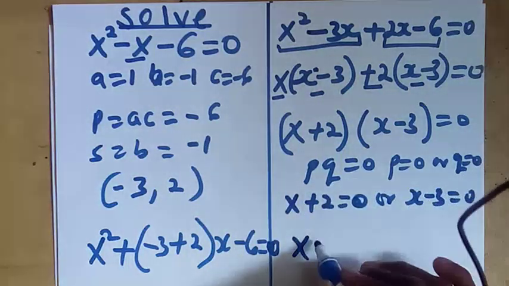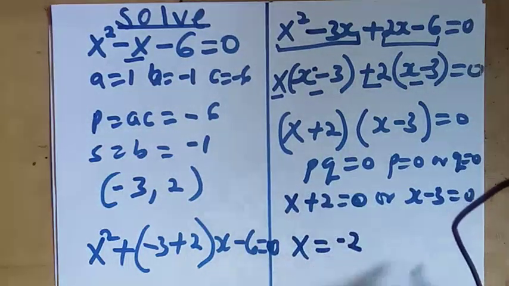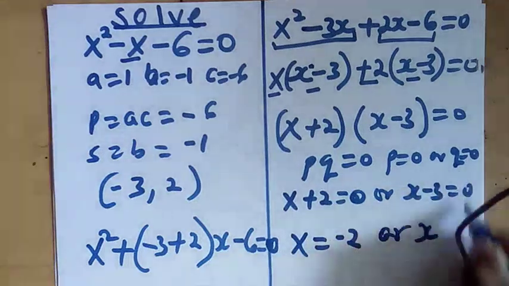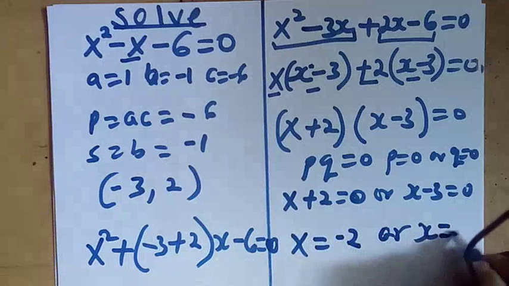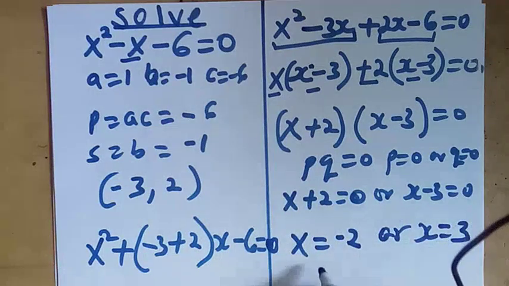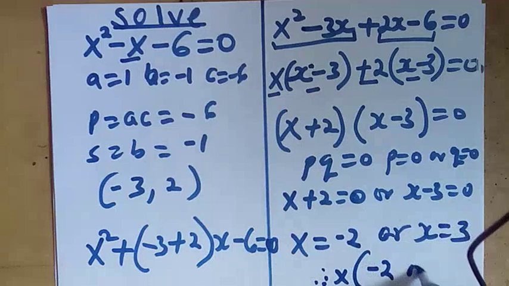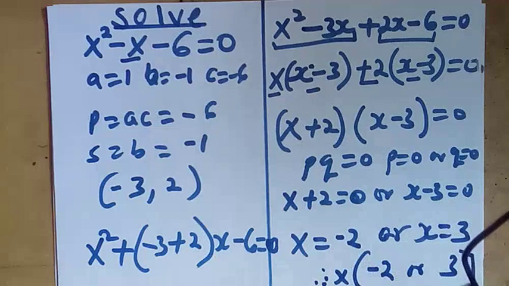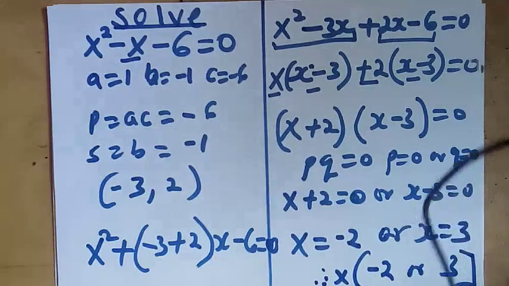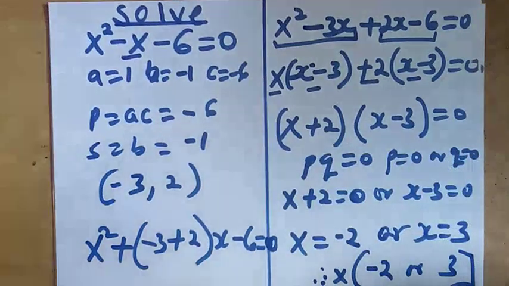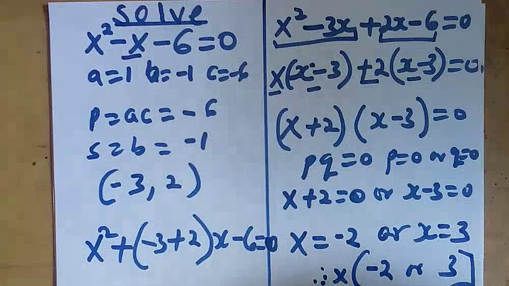If I take the 2 to the other side, x is -2, or if I take the 3 to the other side, x will be +3. Therefore, the values of x are -2 or 3. These are the solutions to that quadratic equation, and that's how, step by step, you can easily solve that quadratic equation.